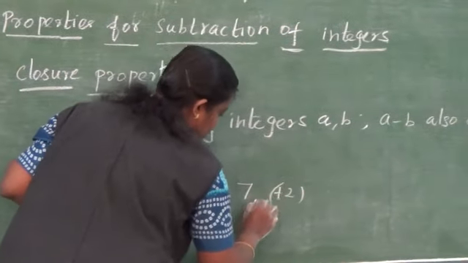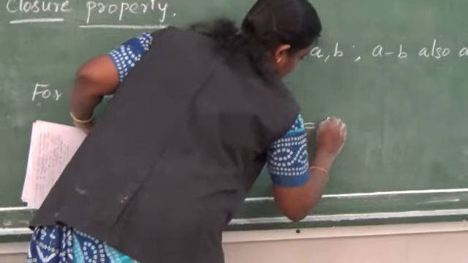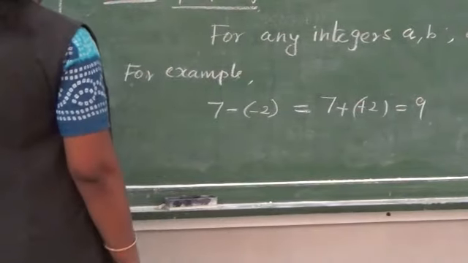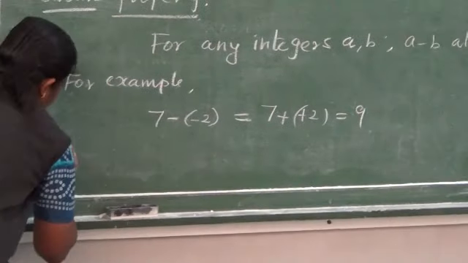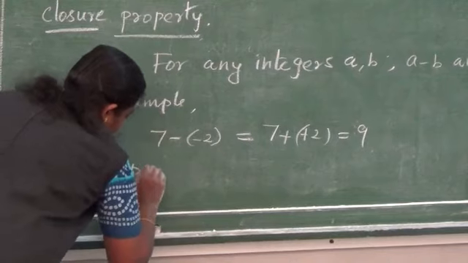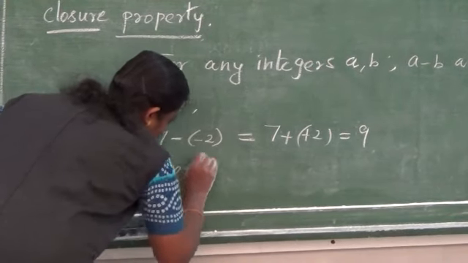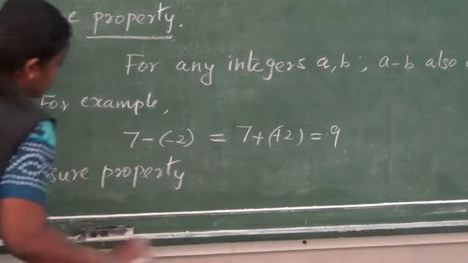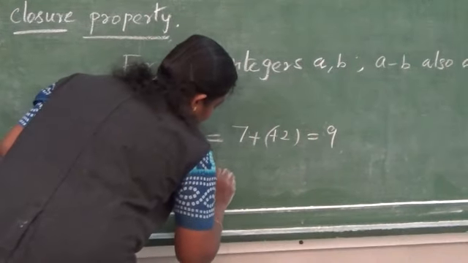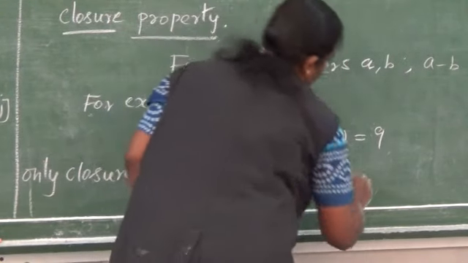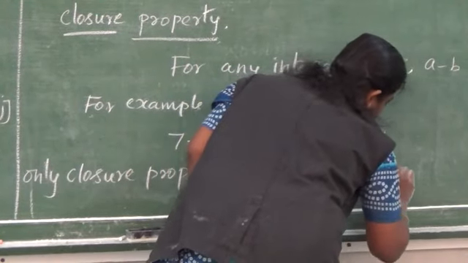Then we have to add to 7. 7 plus 2 is equal to 9, and 9 is also an integer. So subtraction satisfies the closure property; only the closure property holds for subtraction.